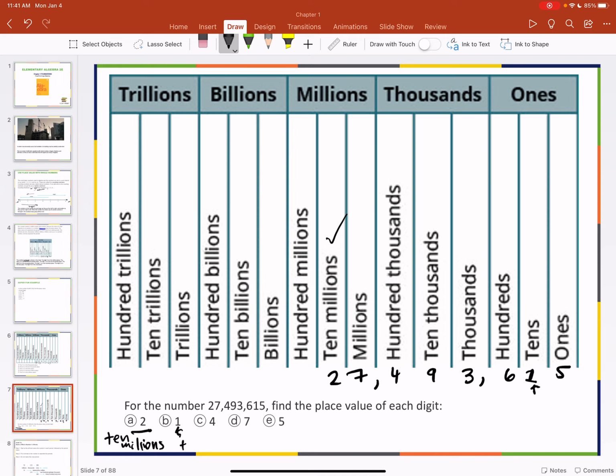The 4 is in the hundred thousands place. The 7 is in the millions place, right there. So millions would be your answer for D. The 5 is in the ones place. So that's not too bad. Okie dokie, so that's that.